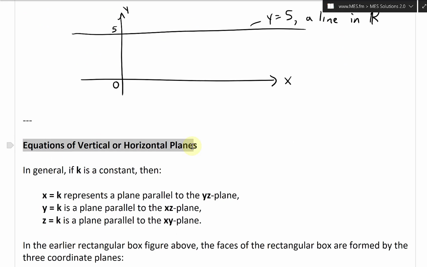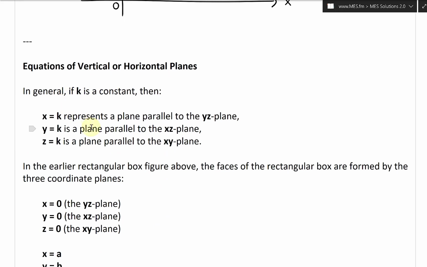Now this section has been added with the title here: equations of vertical or horizontal planes. So in general, if k is a constant, then x equals k represents a plane parallel to the yz plane. In other words, where x is fixed, that's going to be a vertical plane. And then y equals k is a plane parallel to the xz plane. That's also vertical.